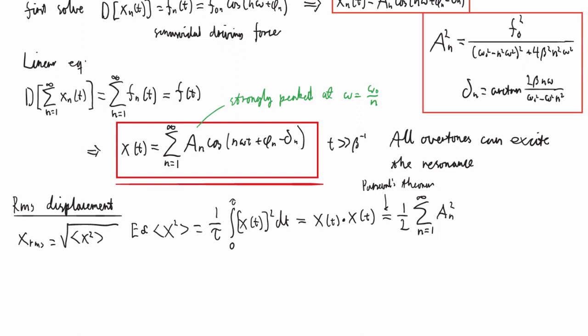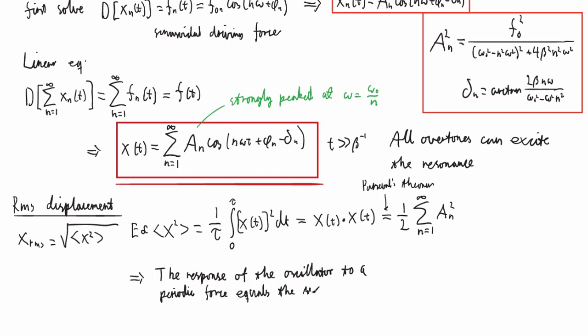So, in other words, the response of the oscillator to a periodic force equals the sum in an energy sense of the response to all the harmonics of the force.